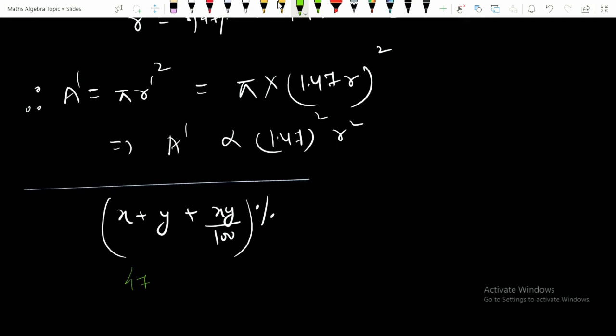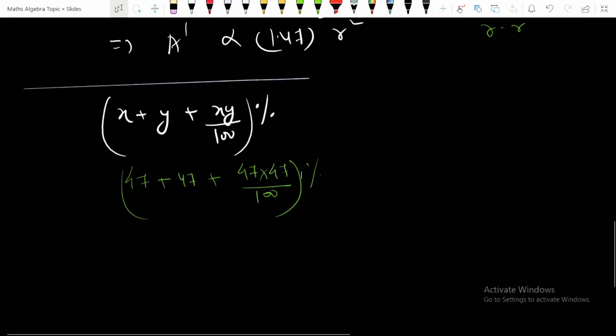So 47 is r and r, r into r, both are the same. So 47 plus 47 plus 47 into 47 by 100. This is your net increase in the area. So 47 plus 47 equals 94. 94 plus 47 square.